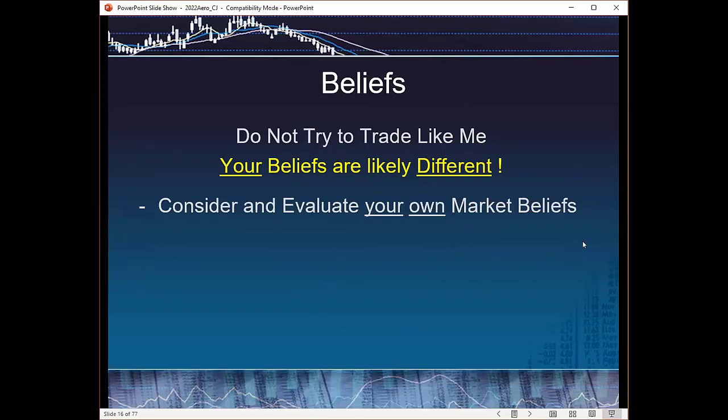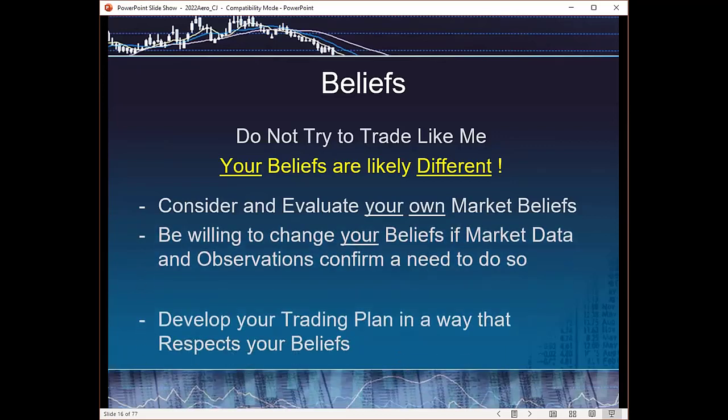That's the best way to learn. I did this several times with books I read or seminars I went to: I don't agree with that, they're saying one thing but my beliefs are different. Well, I go and test it and find out, gee, they were right. I have to change my beliefs. So in either case, testing it yourself is going to make it much easier for you to have discipline and stick to your plan.